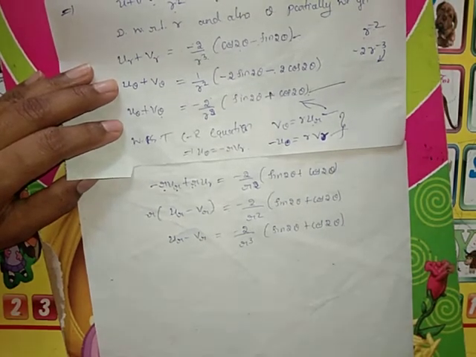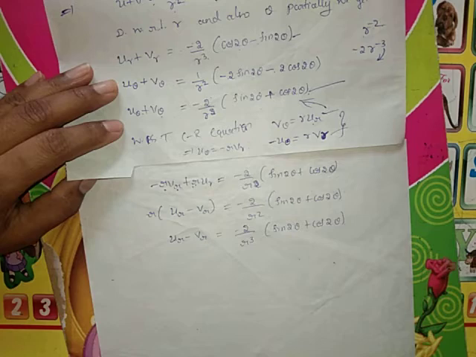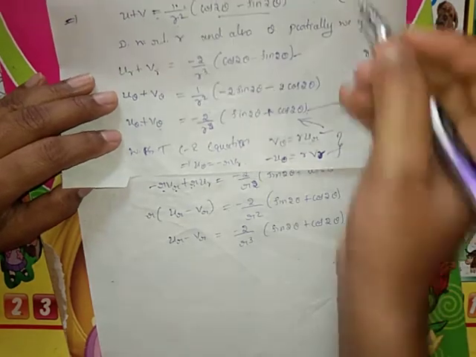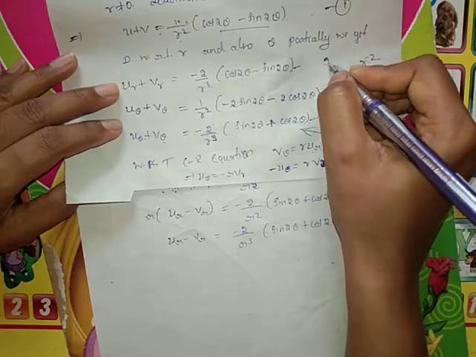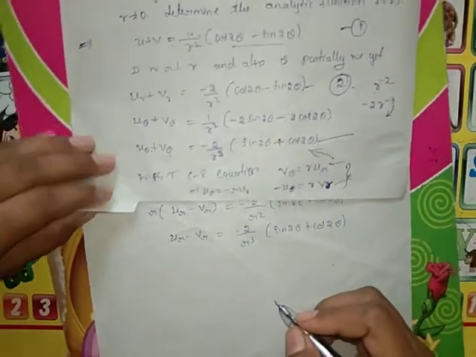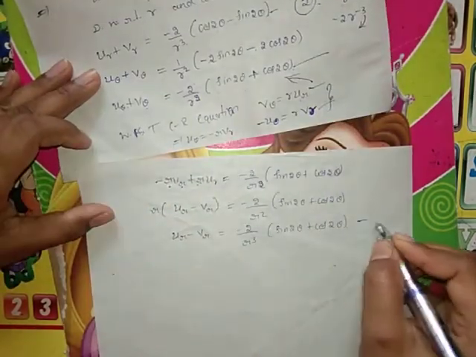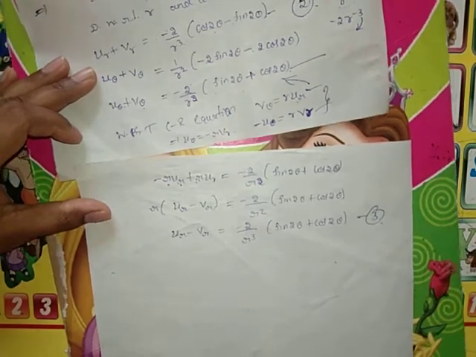Now we have to solve the equations. To solve the equations, I am going to take an addition and subtraction of the equations. Call ur plus vr as equation 2 and ur minus vr as equation 3.